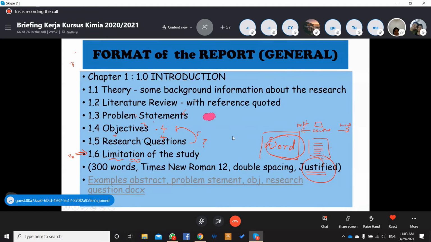Okay, now we look at one example, but this example is I think 2 or 3 years back, when they did the extraction of alkaloids.